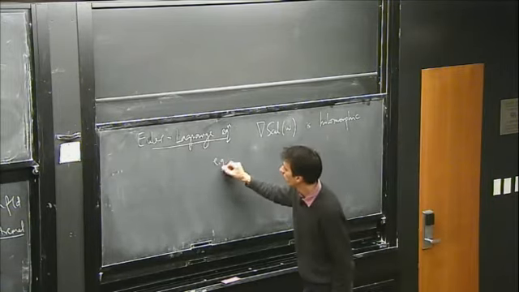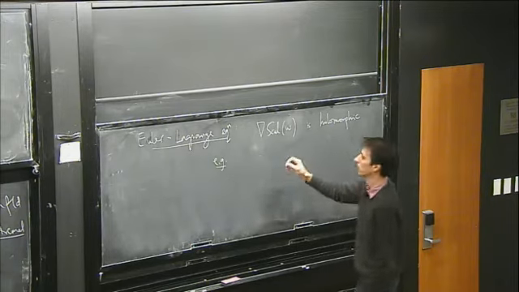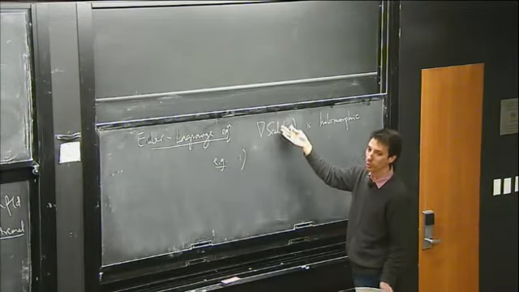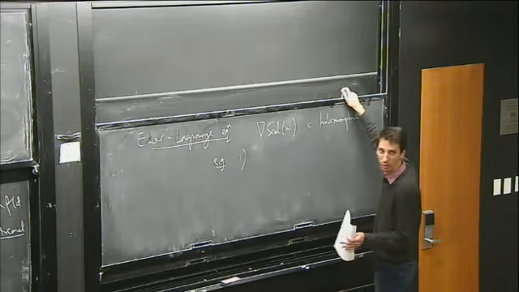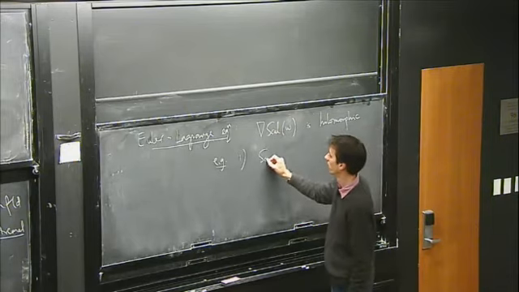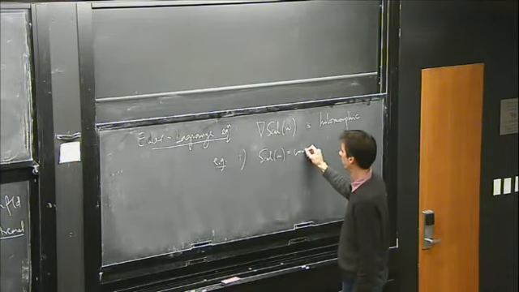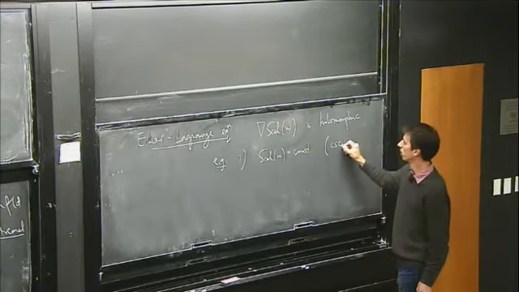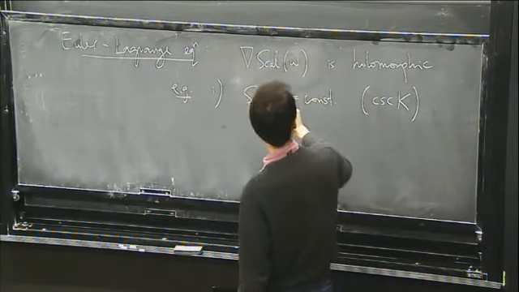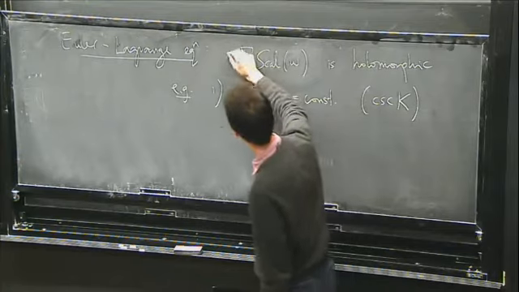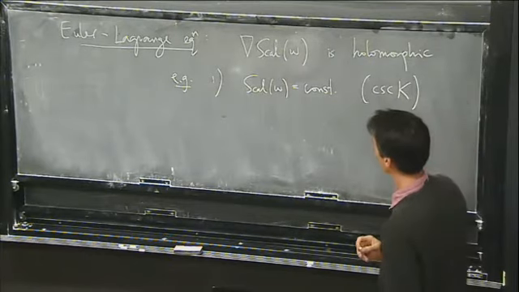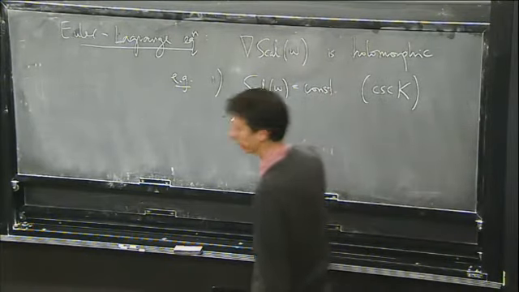So the Euler-Lagrange equation is that this vector field is holomorphic, that is, the \bar{\partial} of it is 0. So ω is extremal if this is holomorphic.